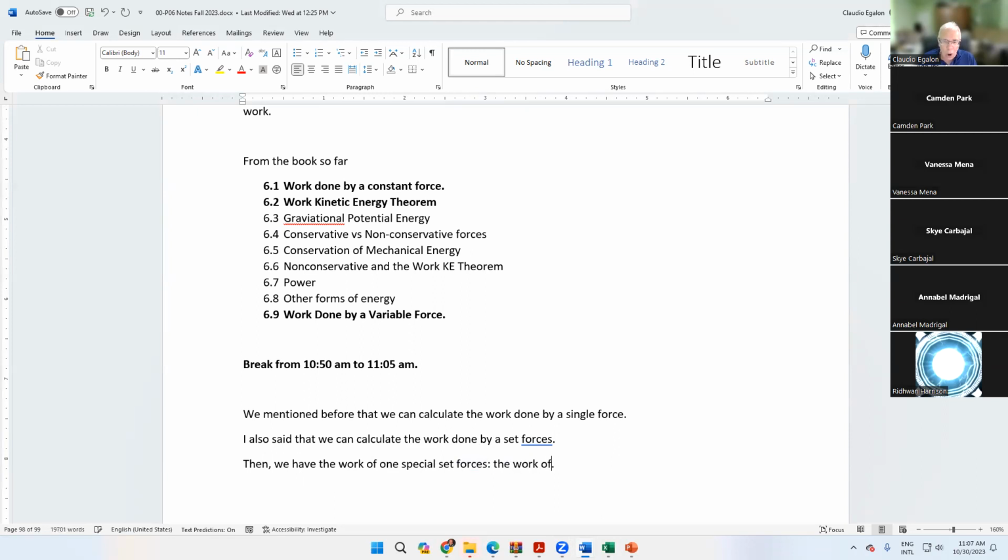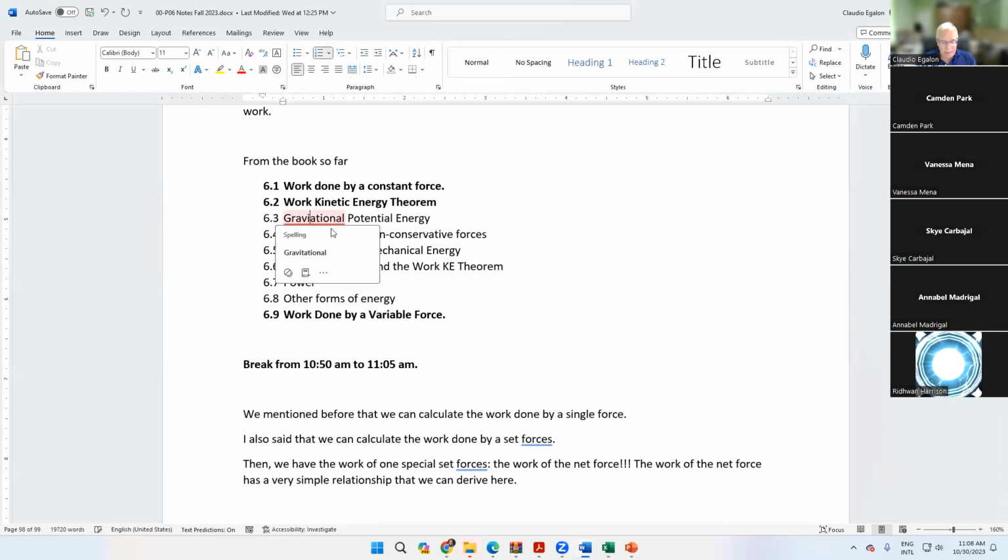The work of the net force has a very simple relationship that we can derive here. So let's work out this type of work, the work done by the net force.